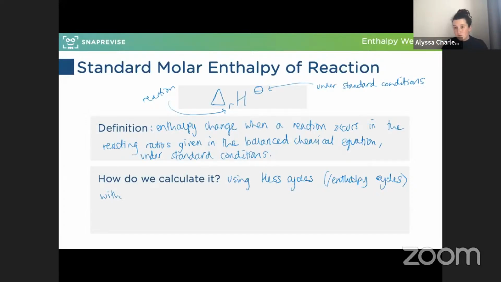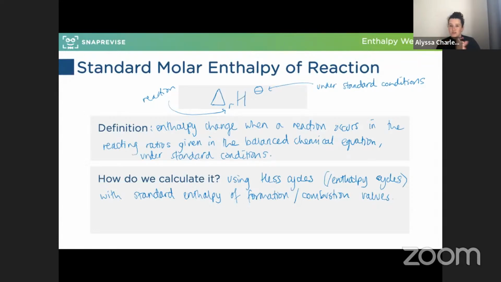Either standard formation values or standard combustion values. Standard enthalpy of formation or standard enthalpy of combustion. That can help us hugely to work out the standard molar enthalpy change of a reaction.